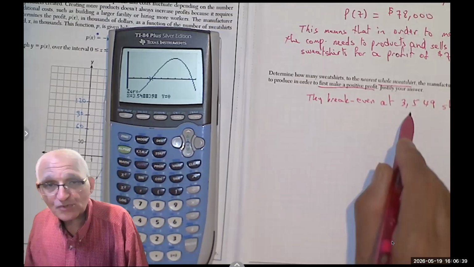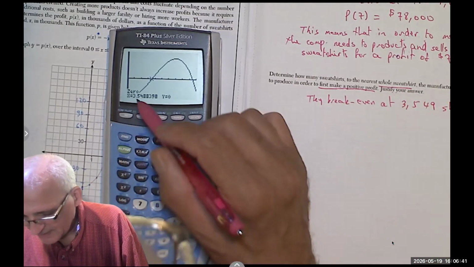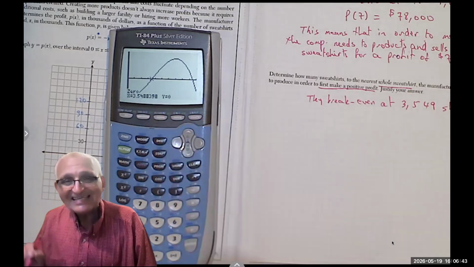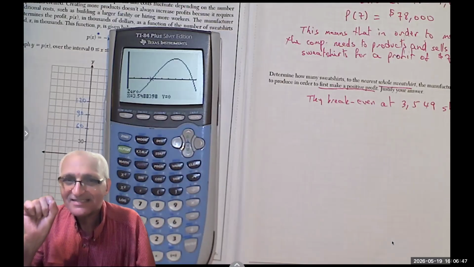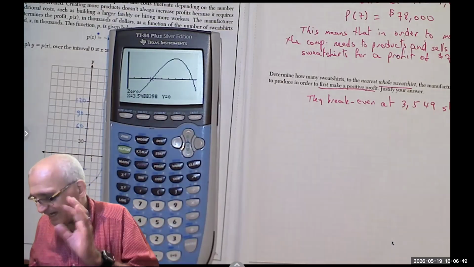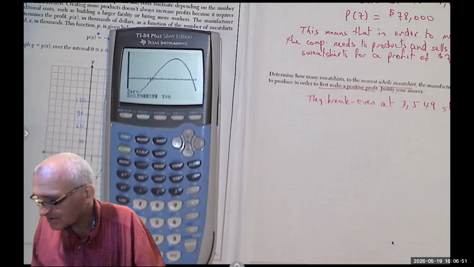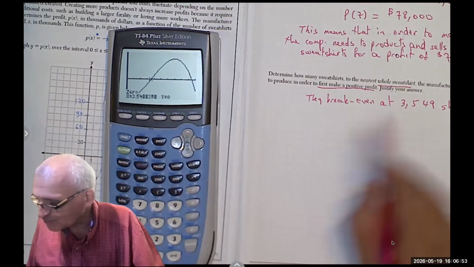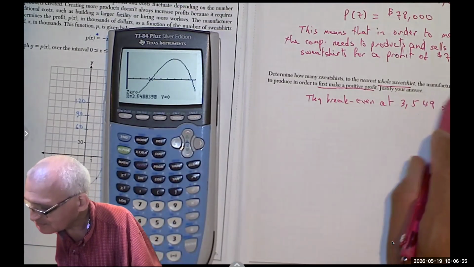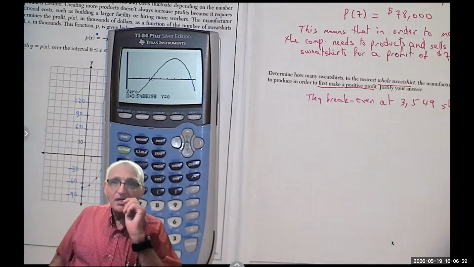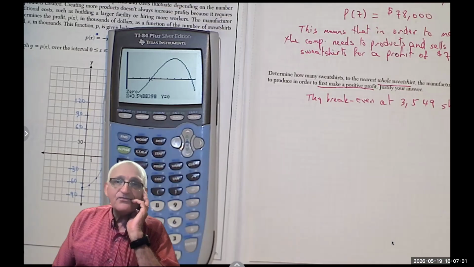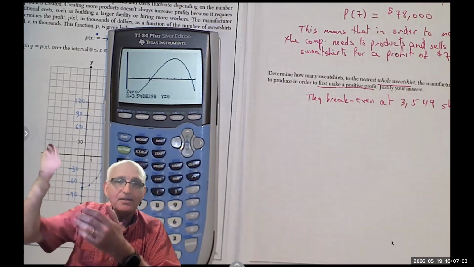That would produce a profit, because really 3.5488 is the break even. Anything slightly higher value will produce profit. So that's when they first produce, right? They need to produce in order to first make a positive profit. It would be at 3,549 because we rounded up.